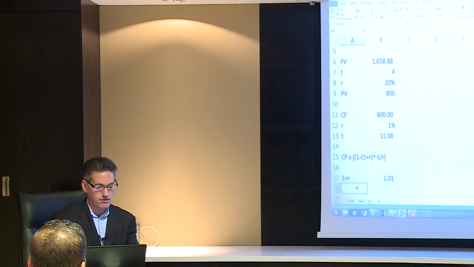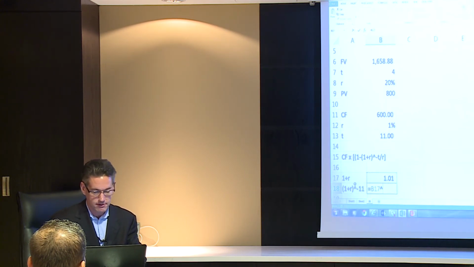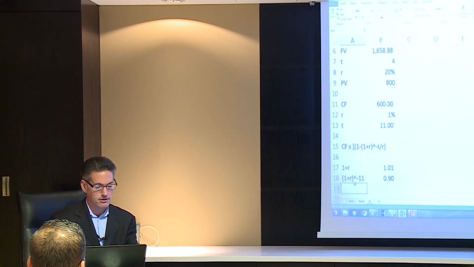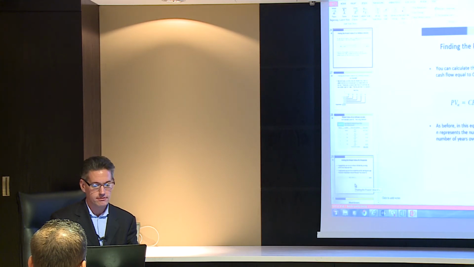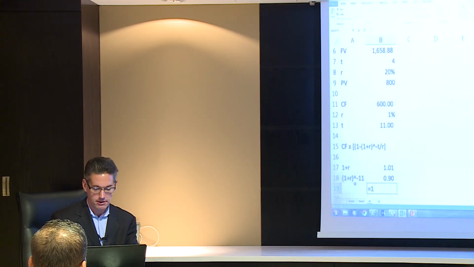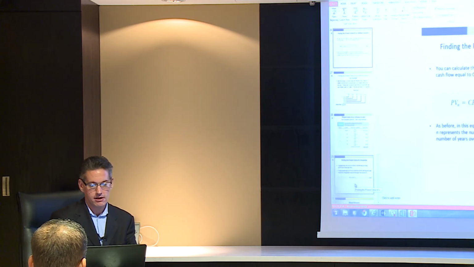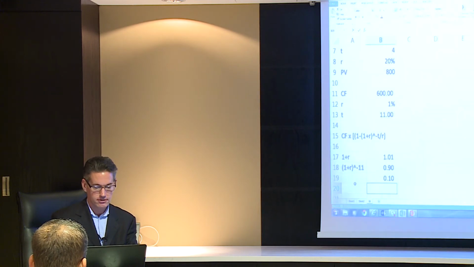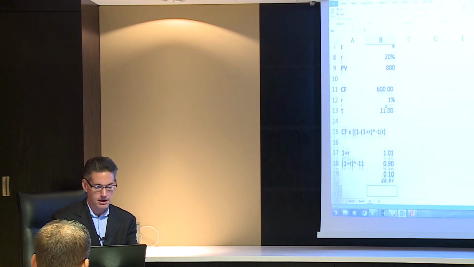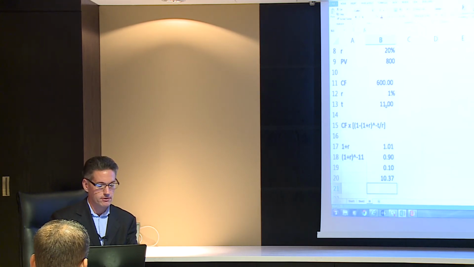Then 1 plus R to the power of minus 11, so we take this to the power of minus 11. Then 1 minus all of that, and we get 0.10. And then we divide that by R, divided by 0.01, and we get that. And then we multiply it by the cash flow.